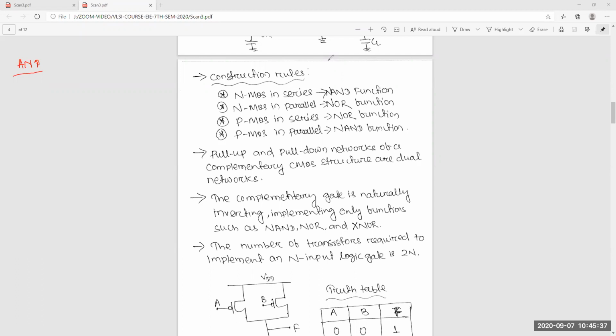So Akanksha, can you do this for AND gate?